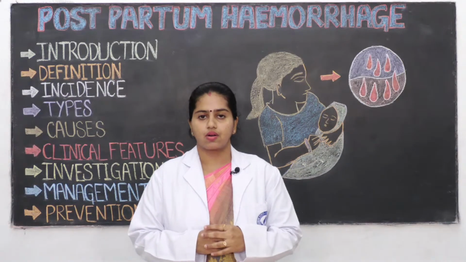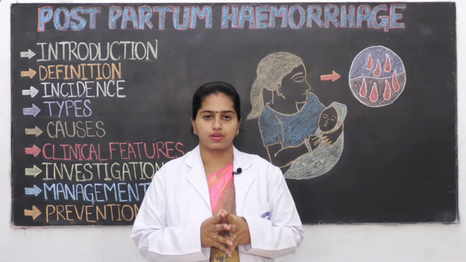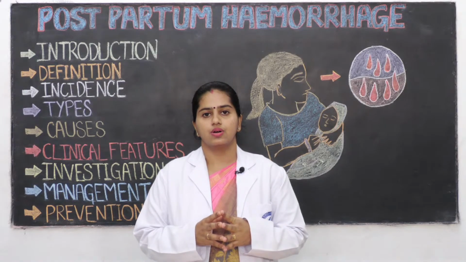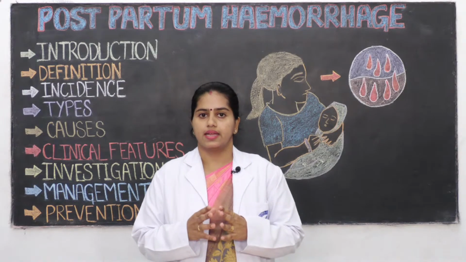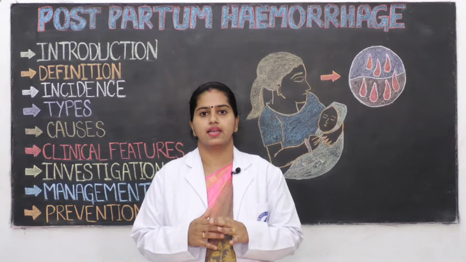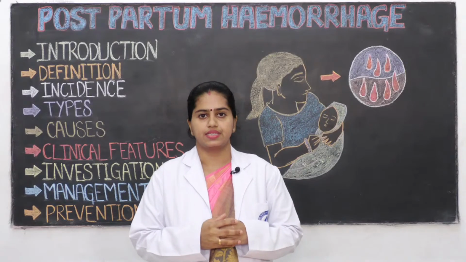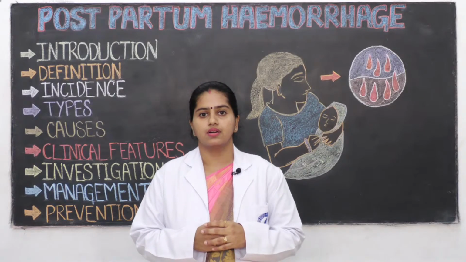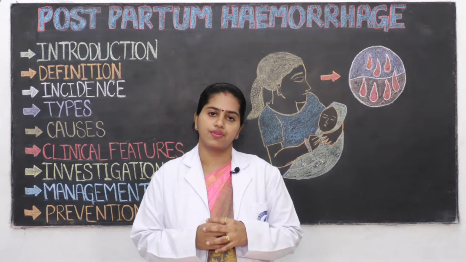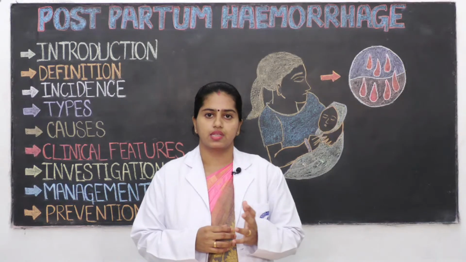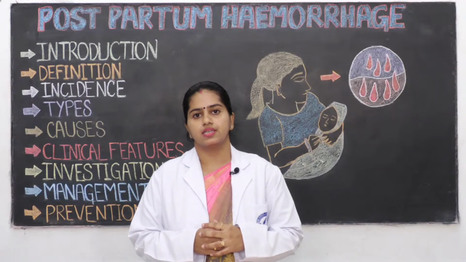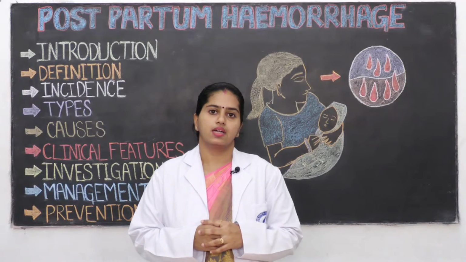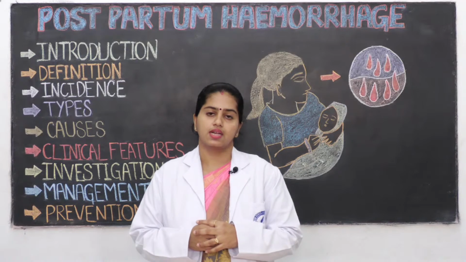If it is atonicity of the uterus, we have to call for help and position the mother with the head end flattened and the foot end elevated. We have to start large bore IV lines with both hands, and give injection oxytocin 10 units IM.